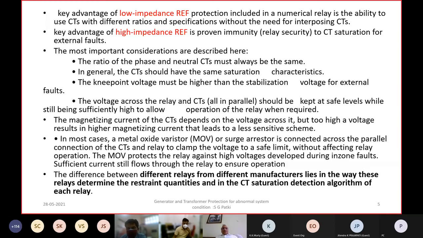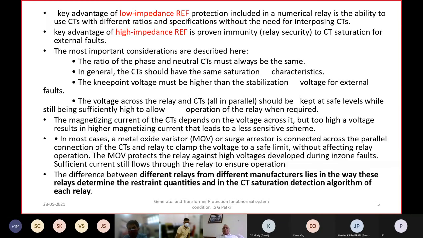In terms of the restraint characteristics, yesterday what we saw for a differential relay, there are now better multiple slope characteristics available, which provide good stability for the operation of the differential relay of low impedance type, either for the main differential protection or restricted earth fault protection.